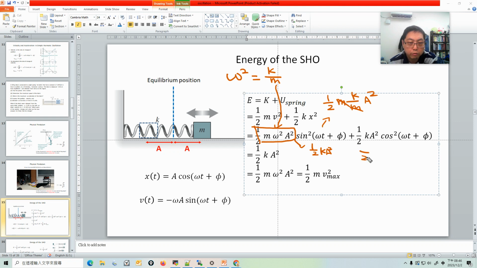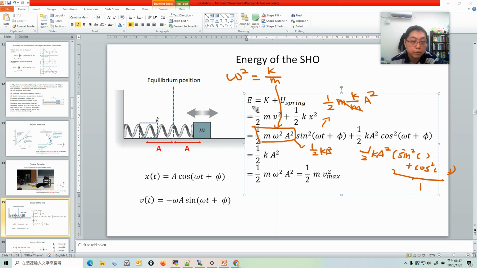So we get sine squared plus cosine squared, because the argument is the same, so I don't want to write it out. Sine squared plus cosine squared is equal to 1. So if we replace omega squared by k over m, we will reach this conclusion.